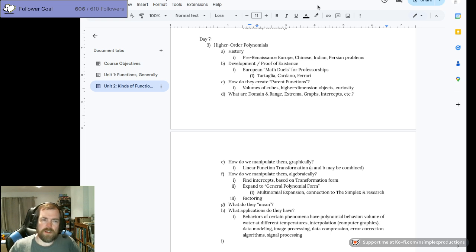So, the person that he had challenged to a math duel was also an expert of quadratic and cubic equations. Cubic equations at the time were kind of like the height of mathematical research, at least in pre-Renaissance Europe. This is around the 1400s, 1450s, I think.